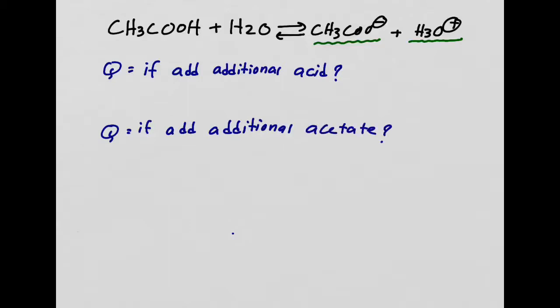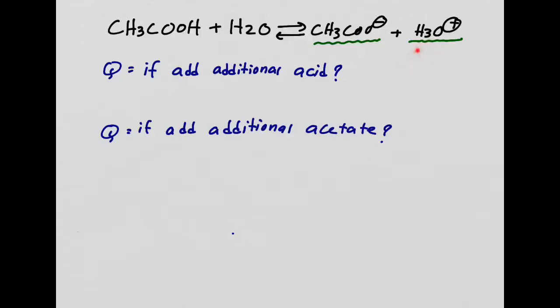Okay, you can pause my video, I won't take it personal, and then answer these questions. So if I add additional acid, what am I adding? I'm adding hydronium. That's what makes something acidic. So if I add additional acid, which way would the equilibrium shift?